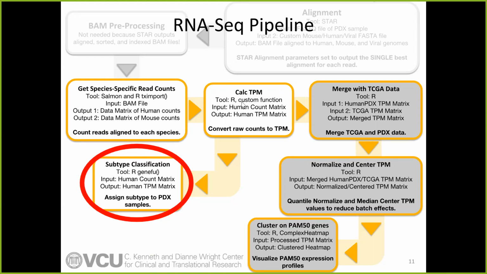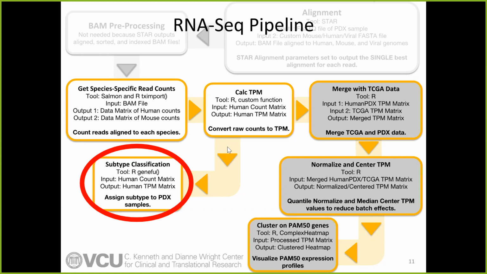I did that in R. I wrote a custom function to do it based off of the TPM equations that have been published. So the input is the human count matrix. We're only looking at human gene expression at this point. I separated out human and mouse, so we only have human, and we're not looking at mouse gene expression. And the output was a human TPM matrix.